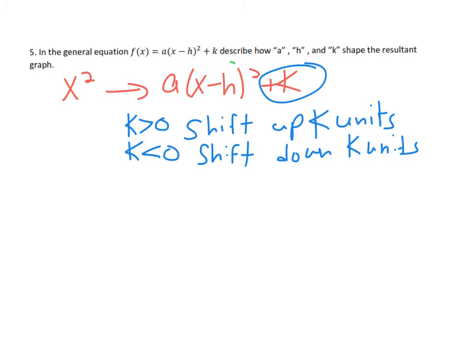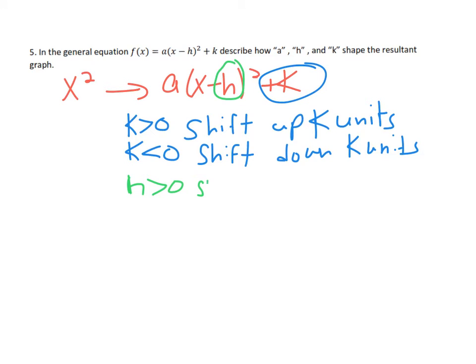Similarly for h, if h happens to be greater than 0, in this case, I'm going to be subtracting a positive number, so it would be something like (x minus 3) squared.